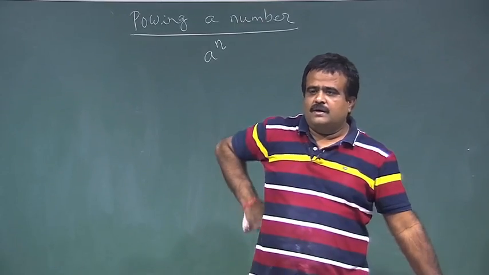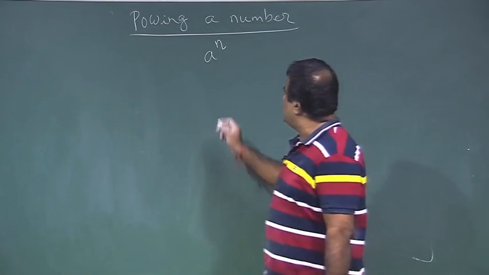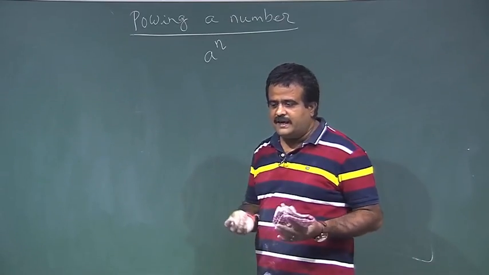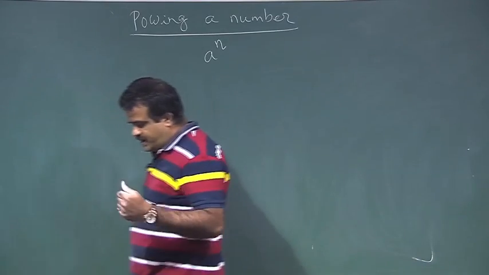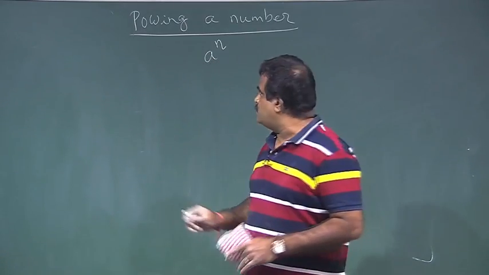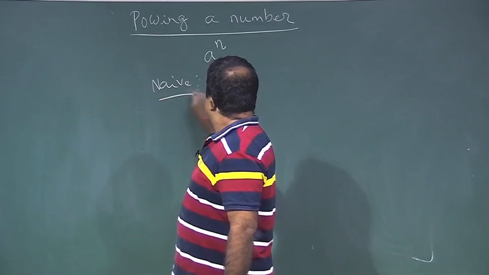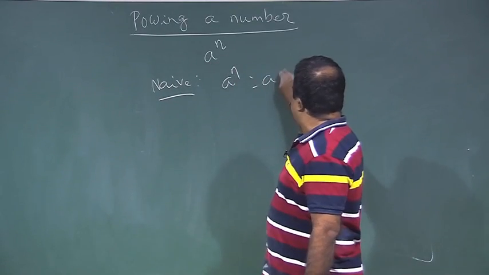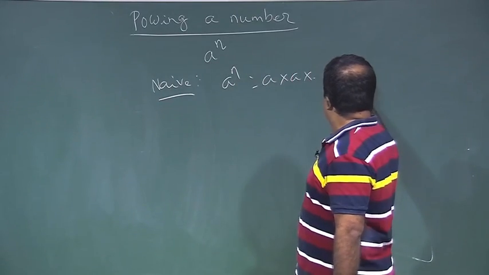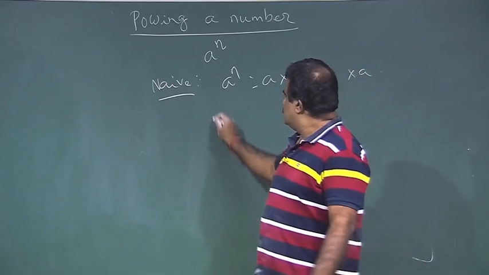Okay. So, this is the problem: given a, given n, we need to find a to the power n. So, what is the naive approach? a to the power n is basically a into a into a, n times. So, this is basically a for loop, just simple code.